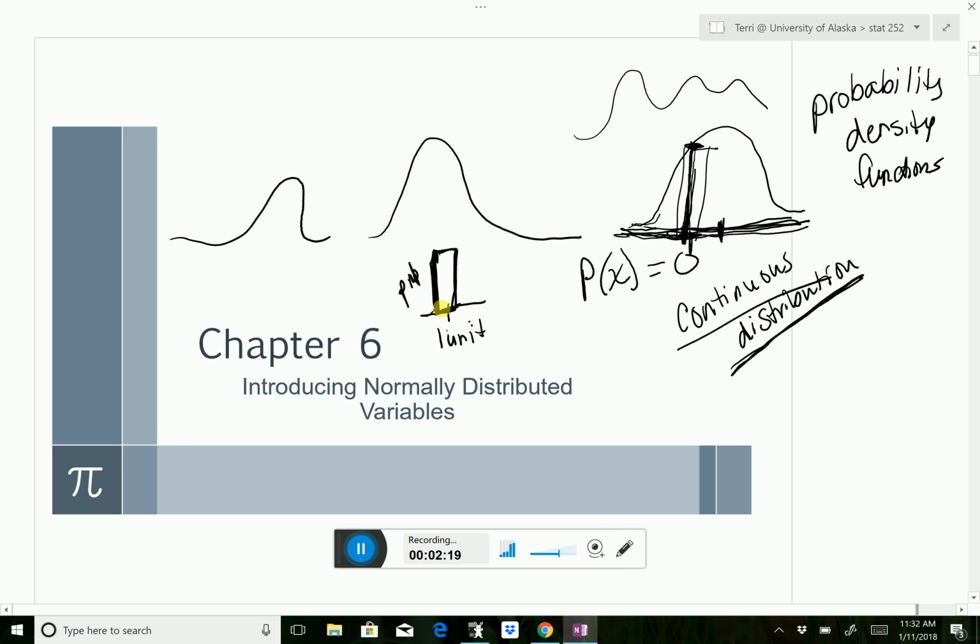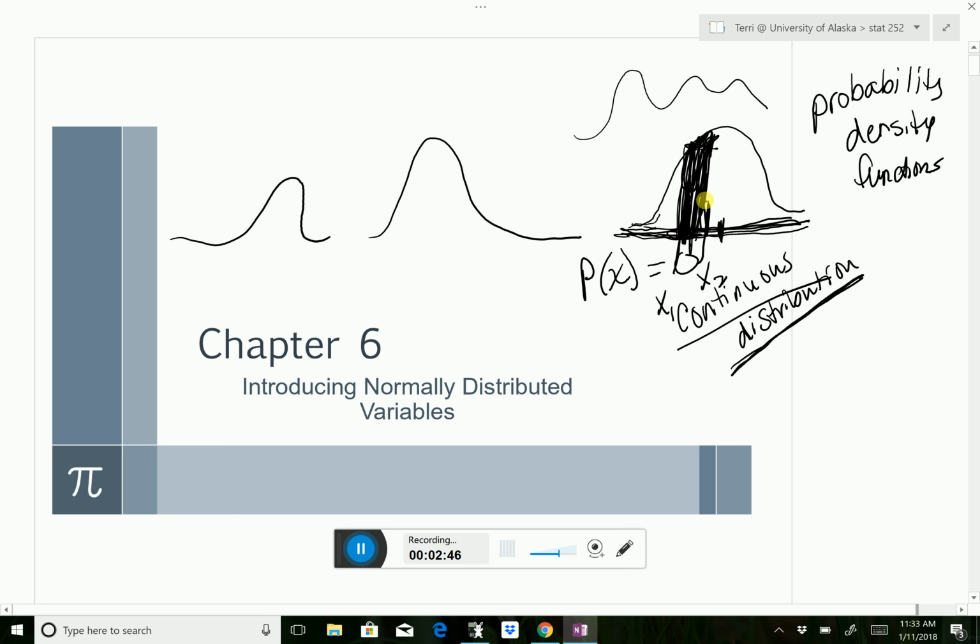So the area of this rectangle is our probability, because it's probability times 1. So just like that, what we have in continuous distributions is the area right here is our probability, say, from some x1 to some x2.